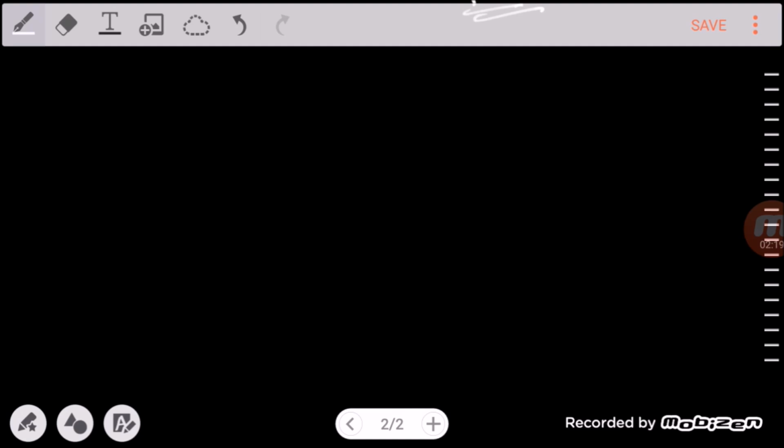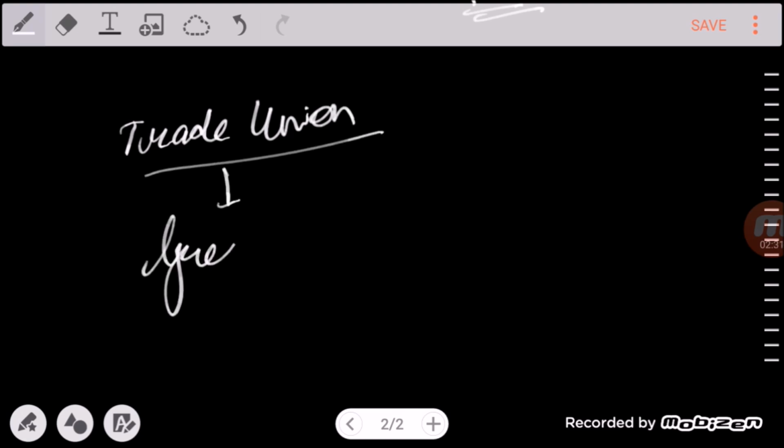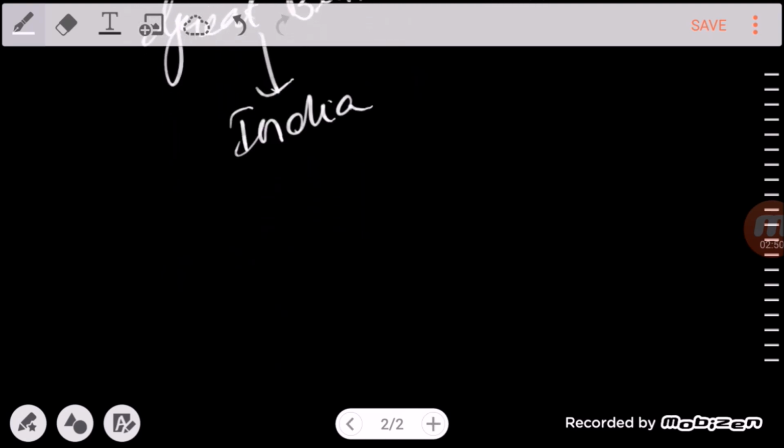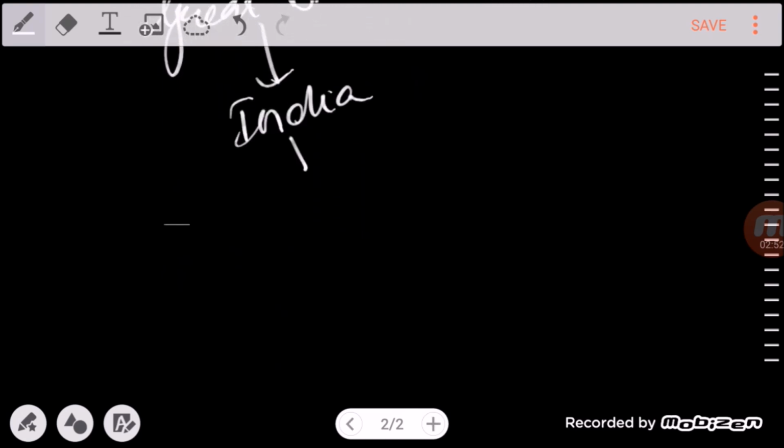Trade unionism started in Great Britain first, and from there it came to India. The history of trade unionism in India can be studied by dividing it into three periods.